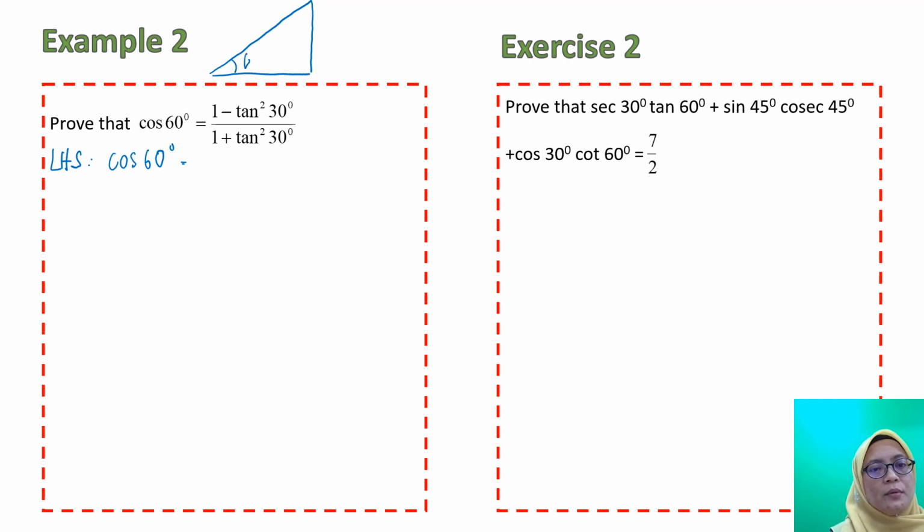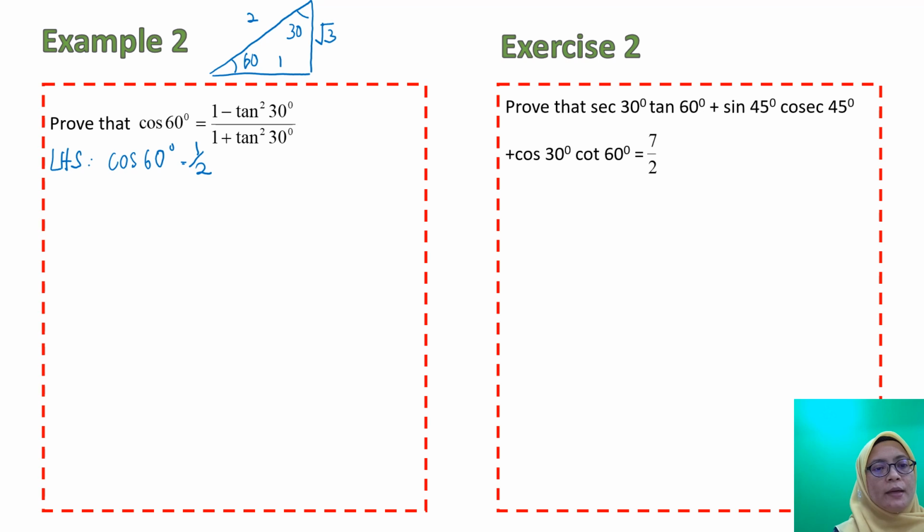So ini 60. So this one is 30. So this one is 1, 2, root 3. Okay, so cos 60. Cos is adjacent over hypotenuse. So 1 over 2. So nilai cos 60 is 1 over 2.